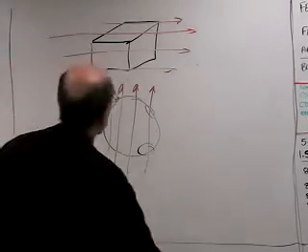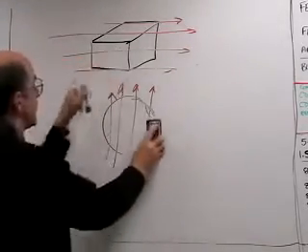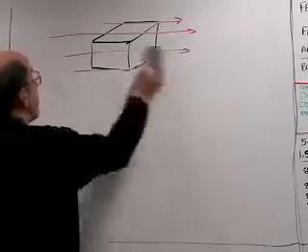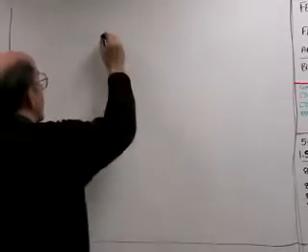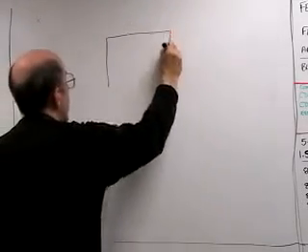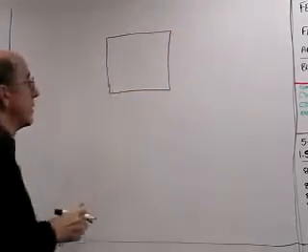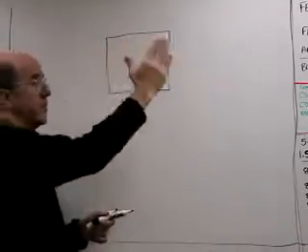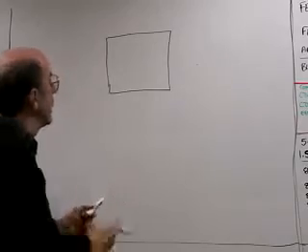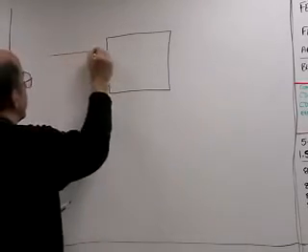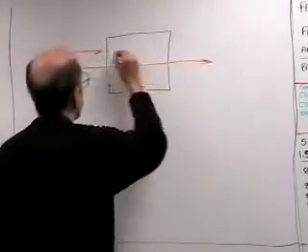So let's take a very simple example of this. Let's take this cube and turn it on its side. So we're looking at it from the side, and it has flat faces, a top and a bottom and another side, and then I put an electric field that goes through like this.